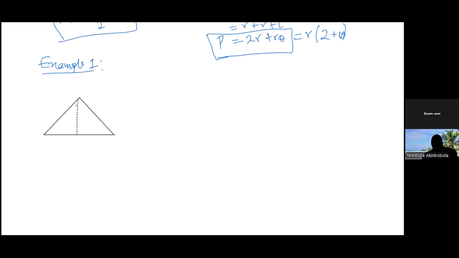It's not giving me the desired result, so let me use freehand. So there is a perpendicular here.